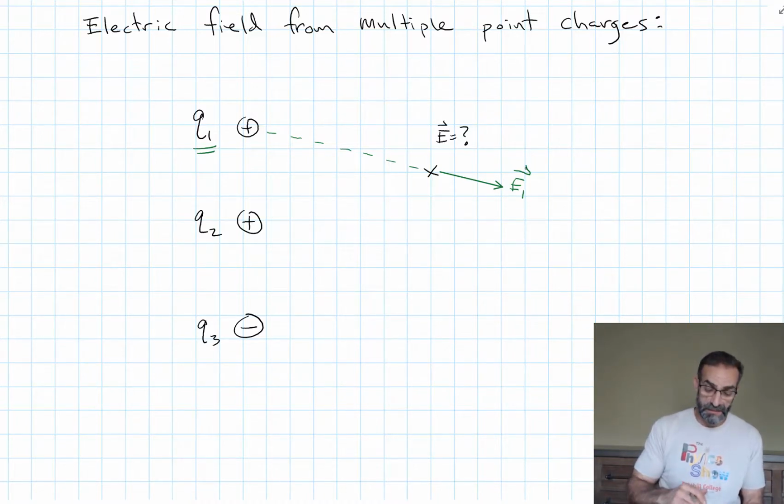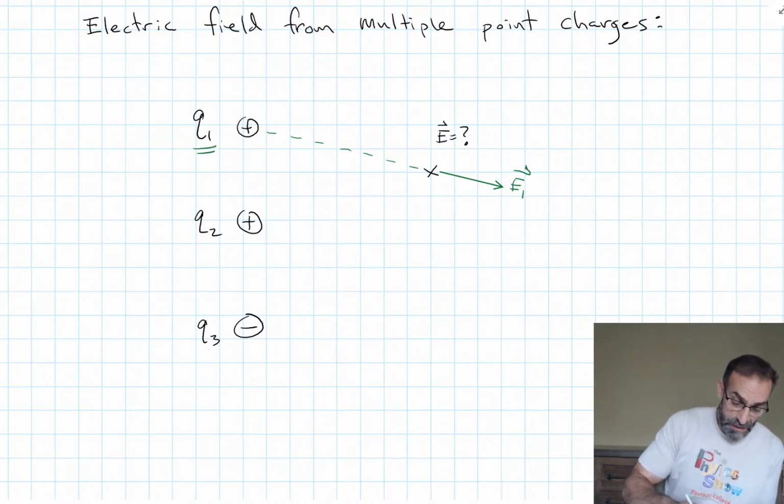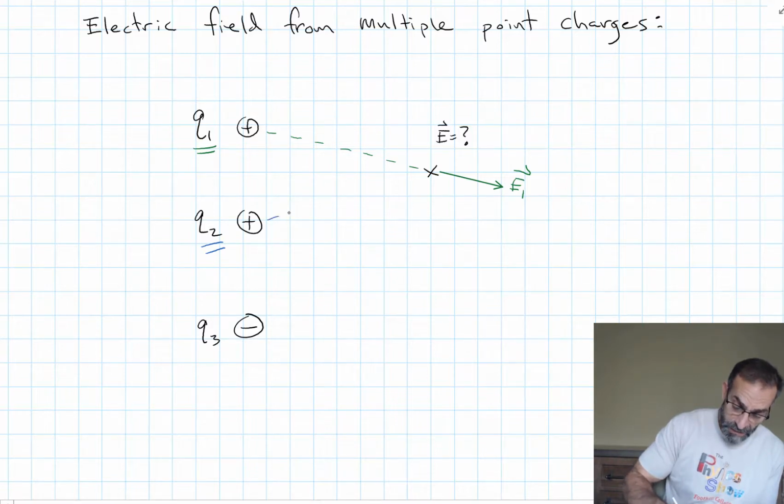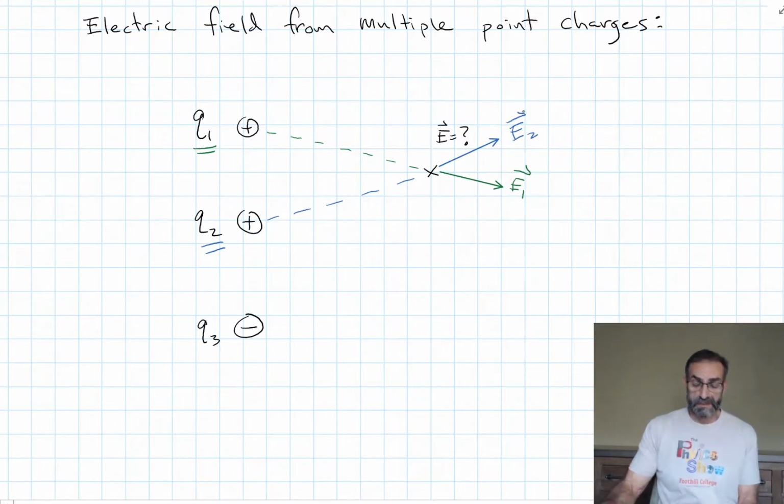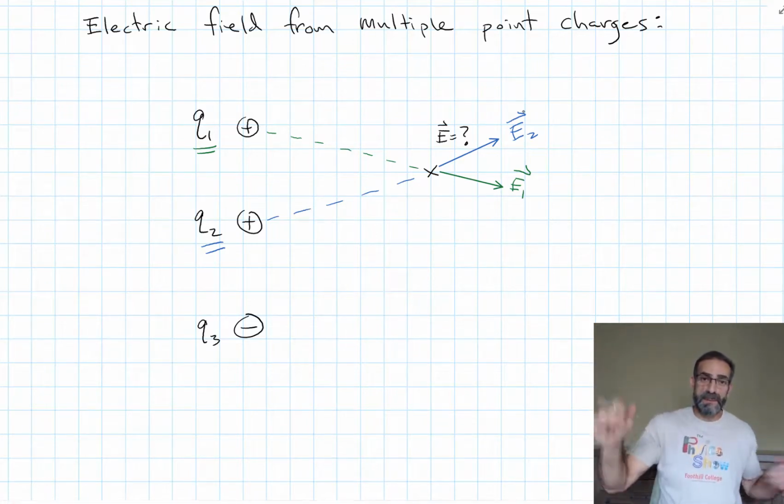Now we do the same thing for Q2. I'll use blue for Q2, and I draw a line straight from Q2, and that would be E2, would point roughly in that direction, radially outward from the positive charge.